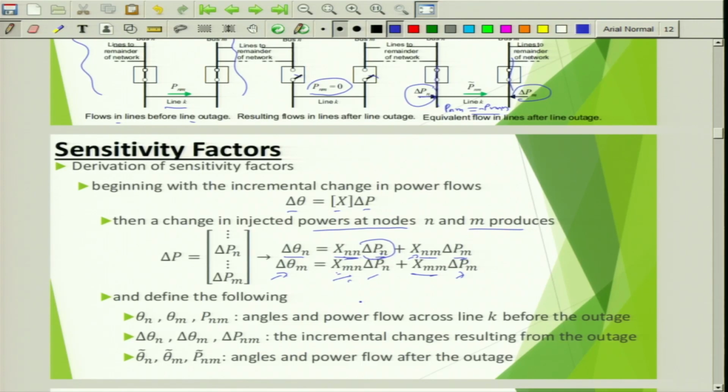There is a dependency on both. Here theta n, theta m and PNM are the angles and power flow across line K before the outage. Delta theta n, delta theta m and delta PNM are the incremental changes resulting from the outage. And theta n cap, theta m cap and PNM cap are the angles and power flow after the outage.